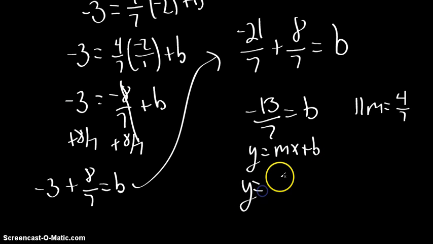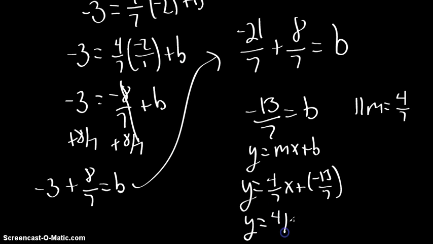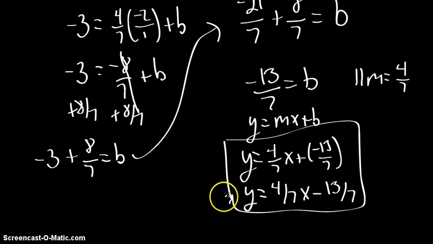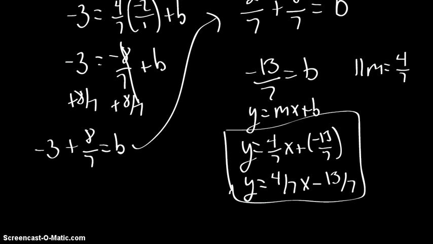As y equals, our slope is 4/7 x plus a -13/7, which again can be written as y equals 4/7 x minus 13/7. Alright, and that is our final answer. So those are a little bit longer. Try some problems and you should be okay.